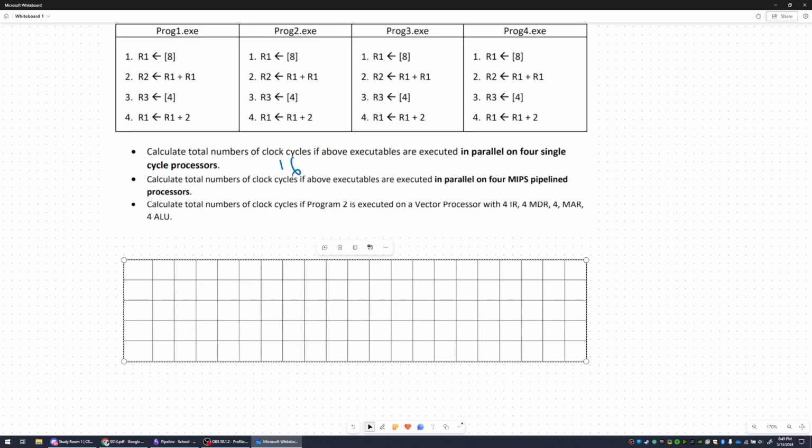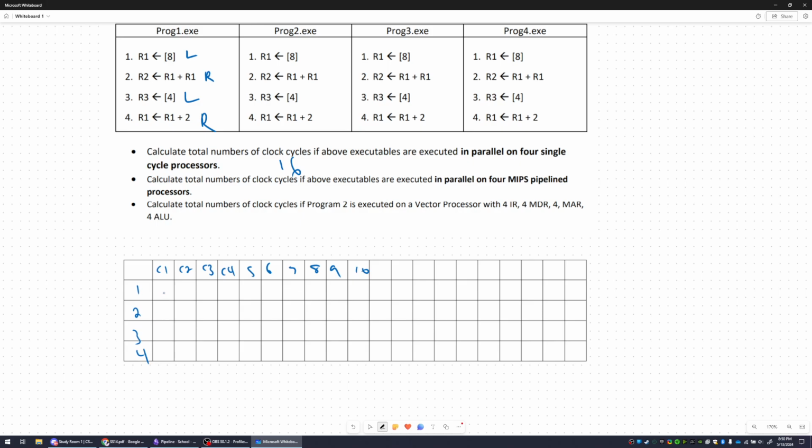Okay. So for one of these programs, let's see, 1, 2, 3, and 4. The first one is an L type, R type, L type, and R type.